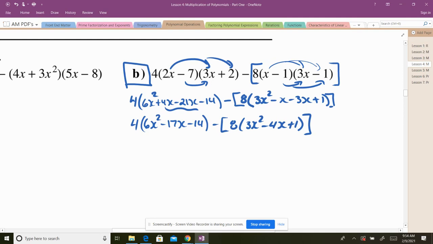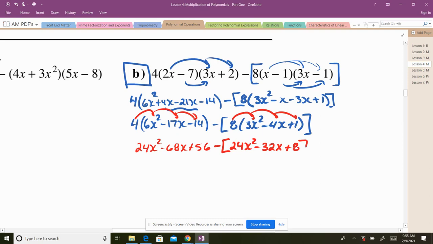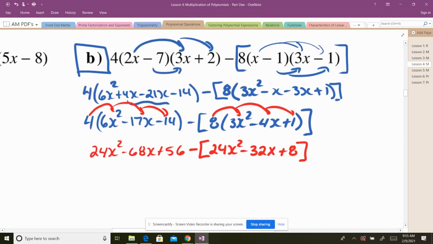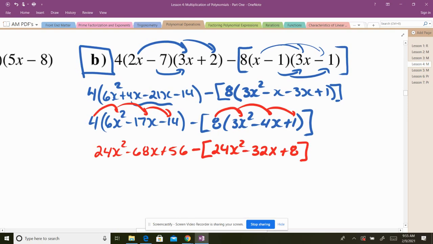Now we dump the 4 and the 8. You can. Now you put the negative in, which just flips all the signs, right?